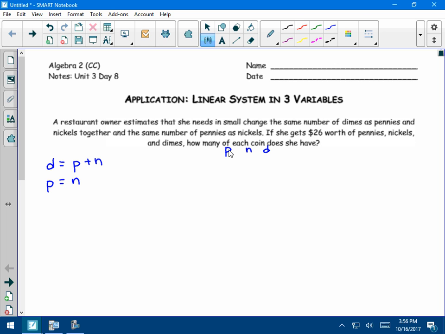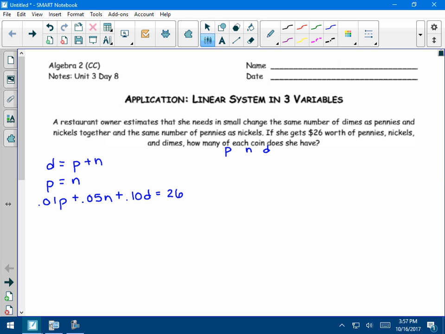So I can express that as number of pennies times 0.01, plus number of nickels, N, times 0.05, plus number of dimes, D, times 0.10, has to equal 26.